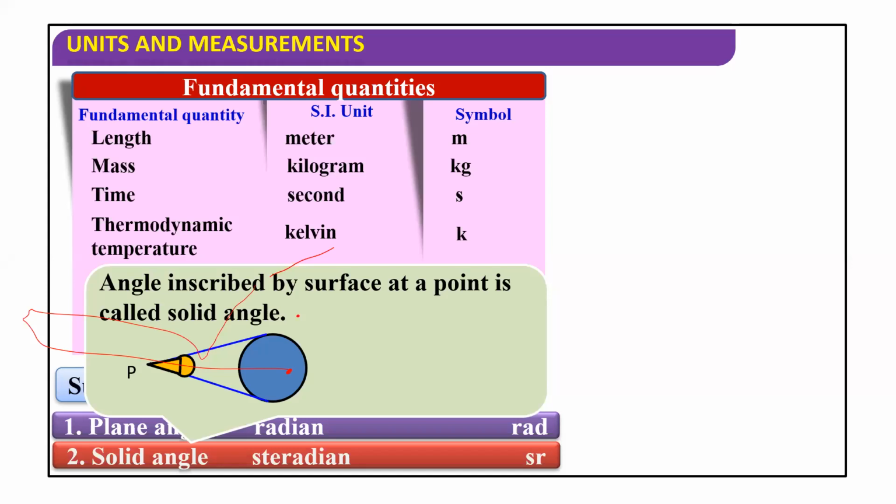The angle inscribed by a surface at a point is called a solid angle. And additionally, you may write this: it is a three-dimensional angle, a 3D angle.